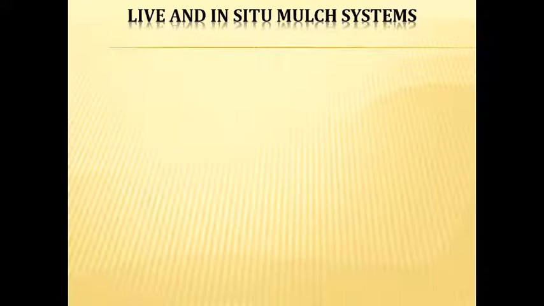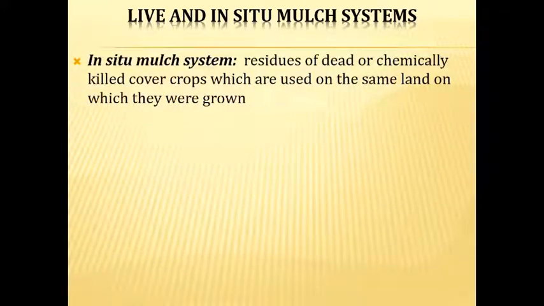Let's look at live and in situ mulch systems. The term in situ mulch refers to the residues of dead or chemically killed cover crops which are used on the same land on which they were grown.